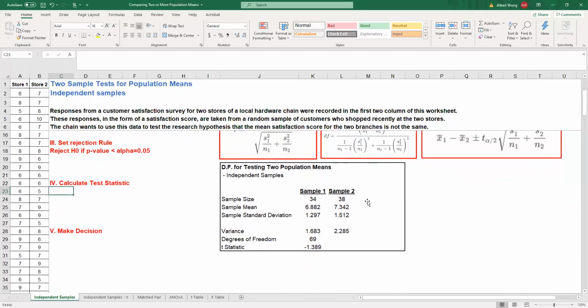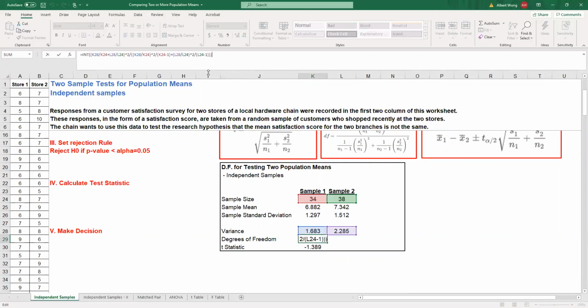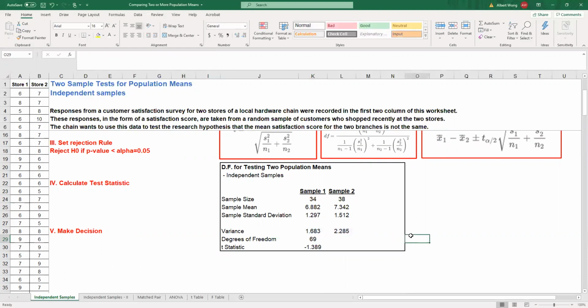Now I'm going to show you how that is done. You can see here that I already have the formula set up. By the time we input the 6 numbers, the variances, which are S1 squared and S2 squared, are already calculated for us. The degree of freedom is calculated for us. If you look at the formula, I have input this formula in Excel, and I use the function INT to round the number down. INT means that you take the integer part of the final number, which is basically rounding the number down.